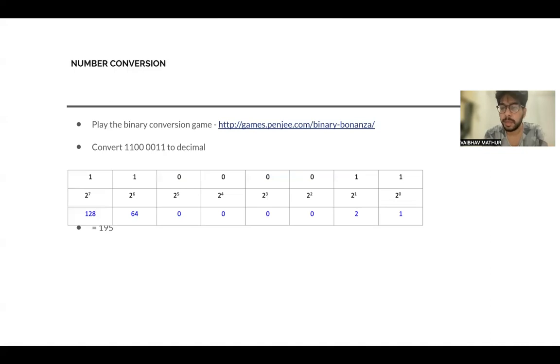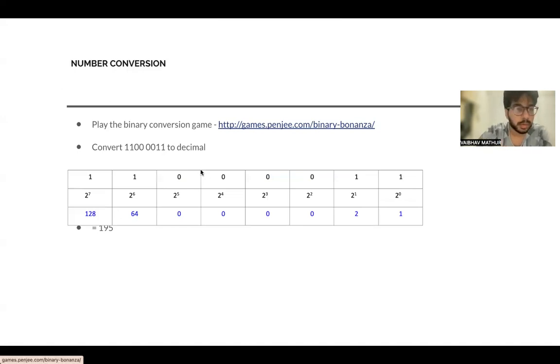But for binary, we only have two symbols, 0 and 1. So after counting 0, 1, we run out of symbols, and then we have to do 1, 0. So those are the basic rules of the decimal and binary languages.